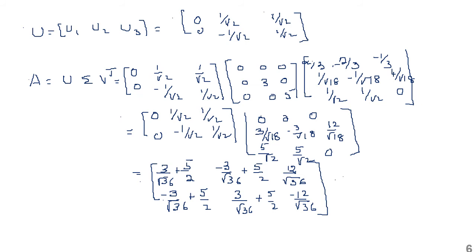That will give you half plus 5 by 2. That will give you here 3. This is 2. This is 2. And you get here 2. This is 3. And this is minus 6. That is equal to 2.